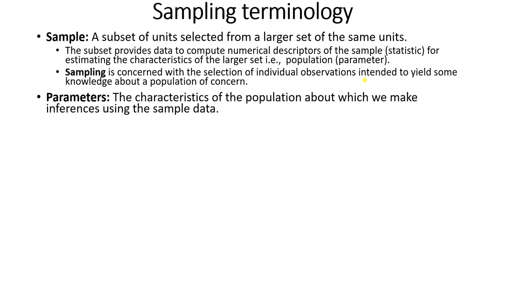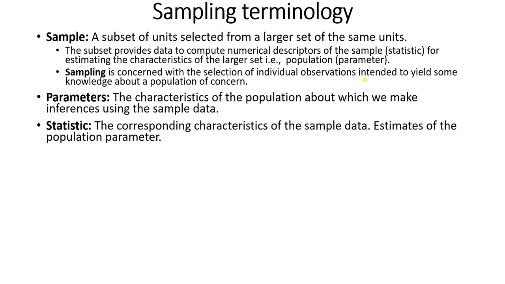And as I defined the term parameter, parameters refer to the numerical characteristics of the population. For example, the mean of the population will be called a population parameter. And the statistic is the corresponding numerical characteristic of the sample.